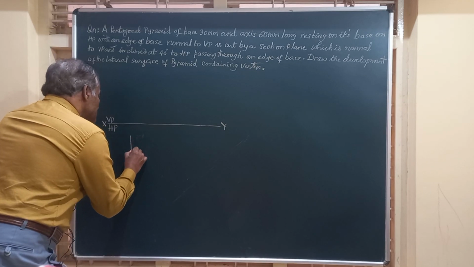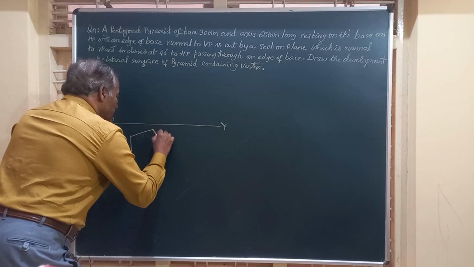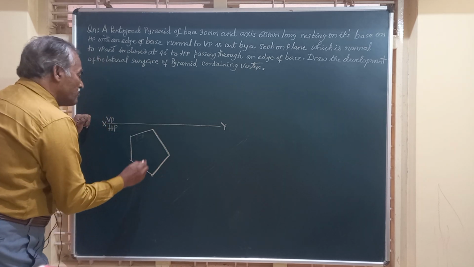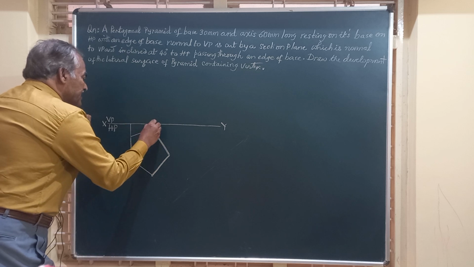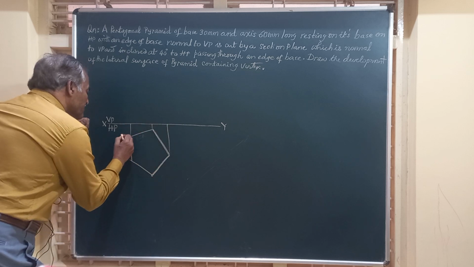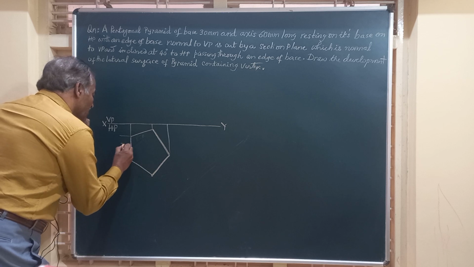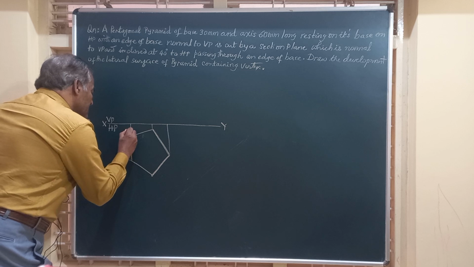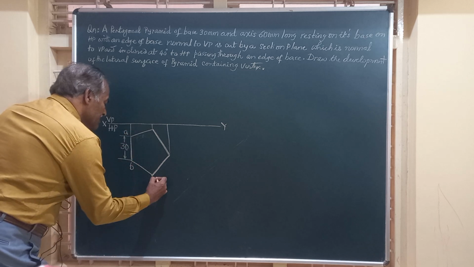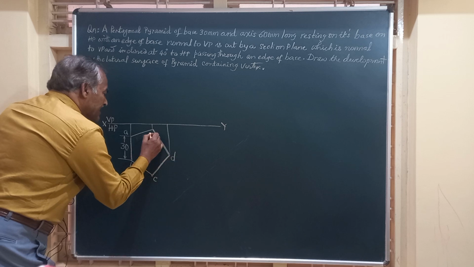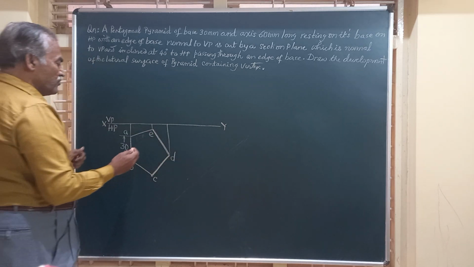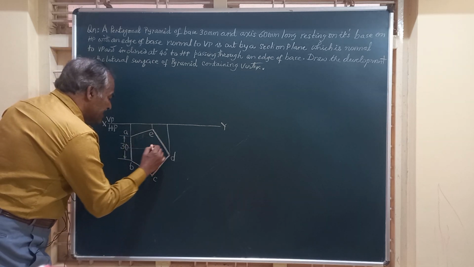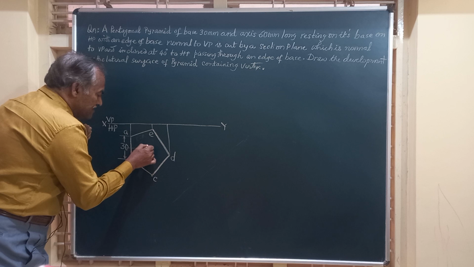So friends, let us construct a pentagon to start with, and we will mark its corners as A, B, C, D, E. Each side has a measurement of 30 millimeter. We will obtain the center of this pentagon by bisecting any two adjacent sides.